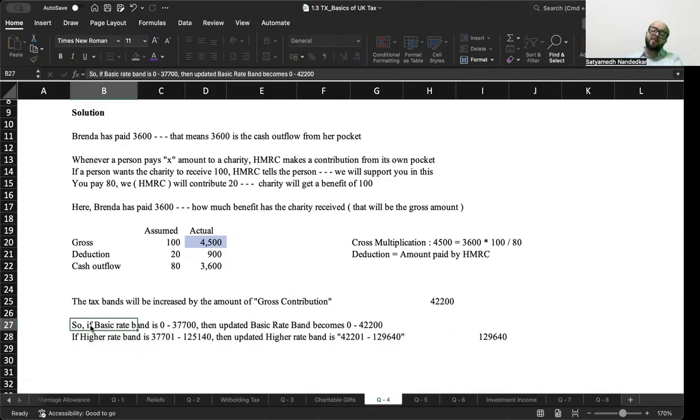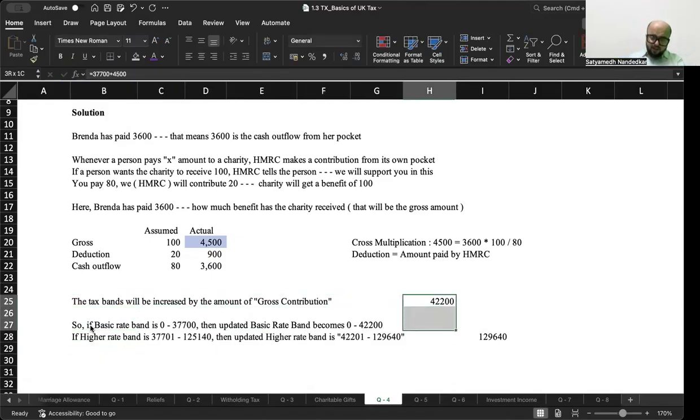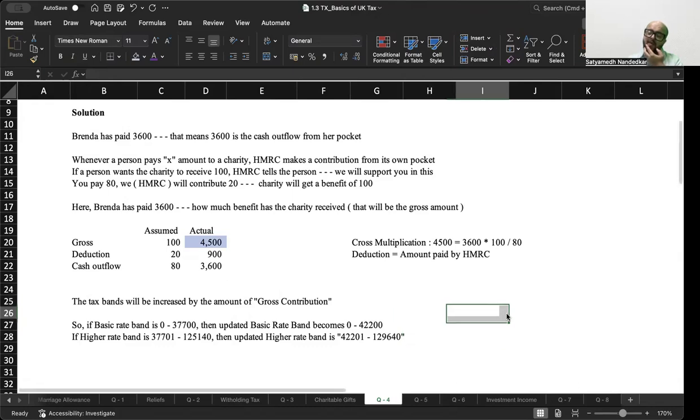Okay, so these are my updated bands. Earlier, my 37,700 worth of income was getting taxed in the basic rate band. Now, 42,200 worth of income is getting taxed in the basic rate band.